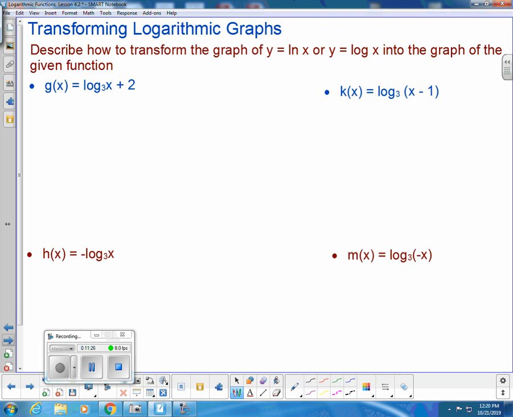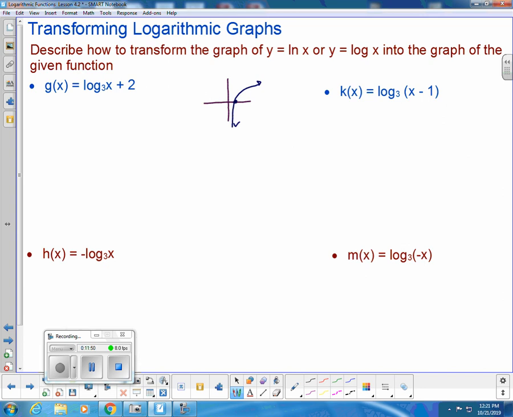Transforming log functions, guys. The transformations, again, are the same regardless of whether I'm talking quadratic, exponential, logarithmic. We're either shifting left, right, up, down, stretching, shrinking, flipping, whatever. So what happens to the log graph? So this is your basic log graph. It comes up along the x-axis and swings along the y-axis and swings over.